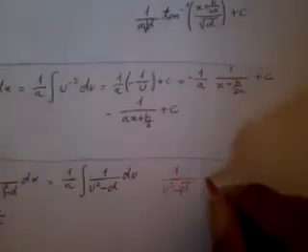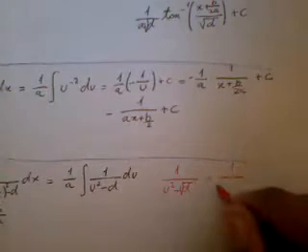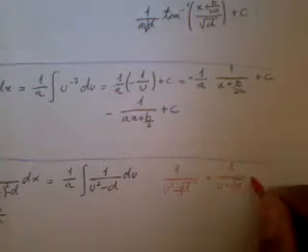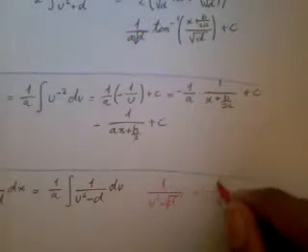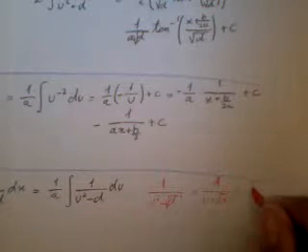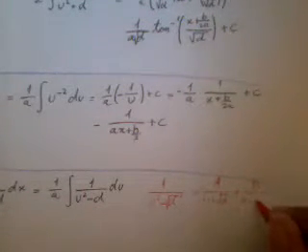So it's going to be equal to A over u plus root d plus B over u minus root d.